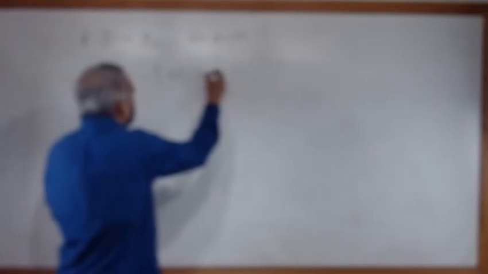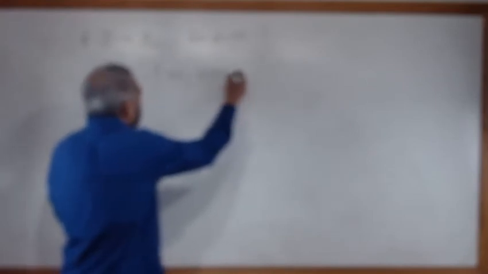So what is our factor group Z over 3Z? That is actually equal to {3Z, 1 plus 3Z, 2 plus 3Z}.